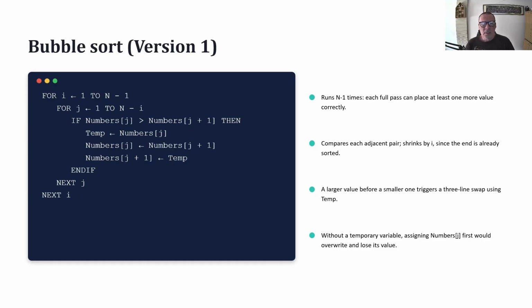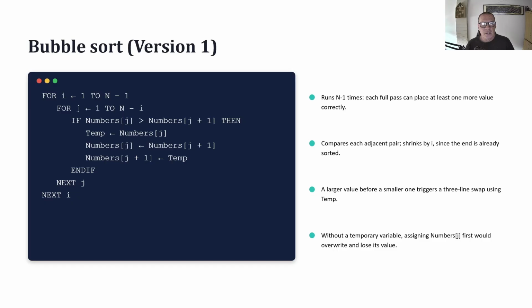So this is bubble sort version 1, where we do just that. We've got 2 loops in this algorithm, an outer loop and an inner loop. The inner loop will go along and compare every item in the array, swapping them over if necessary. The outer loop repeats a whole pass the right number of times to guarantee that the data is in the right order.